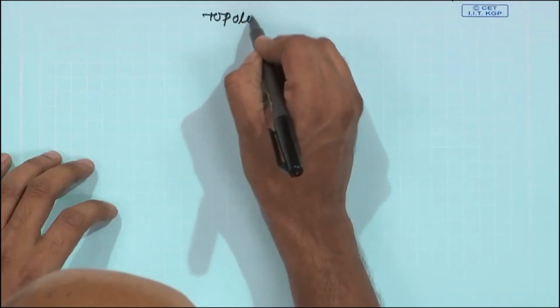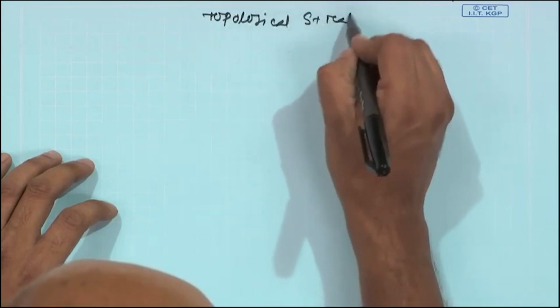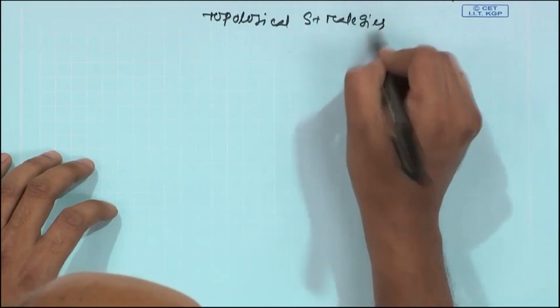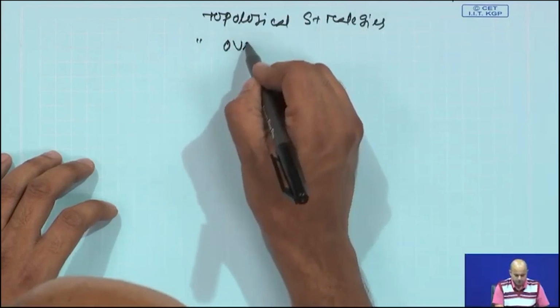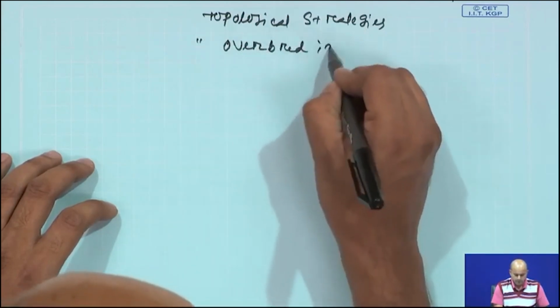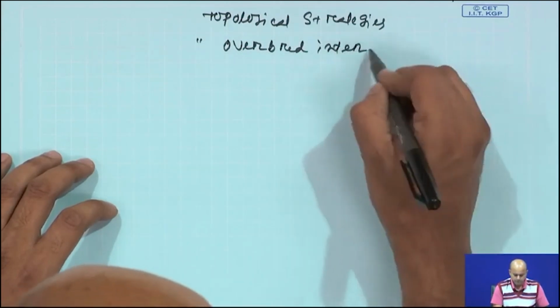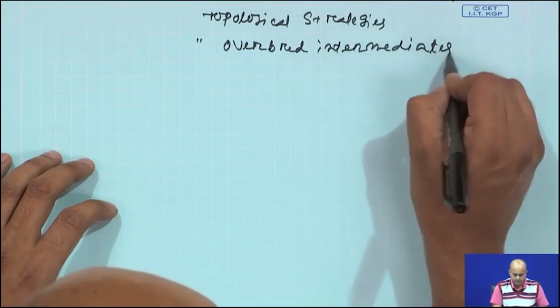whenever you are dealing with topologically distinct molecules. In this context, today we will be discussing a particular focus topic named overbred intermediates.